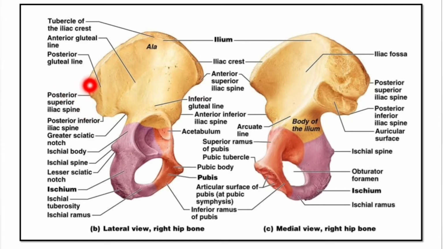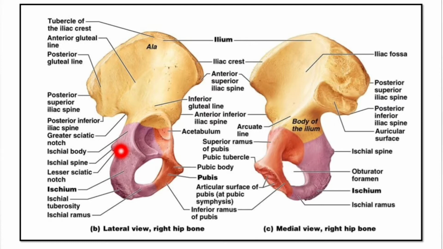On the back, you find the posterior superior iliac spine, posterior inferior iliac spine, and between the posterior inferior iliac spine and the body of the ilium, you will see this notch called the greater sciatic notch. Inferior to the ischial spine, you see another notch called the lesser sciatic notch. They are very important. I will show you what they form later.